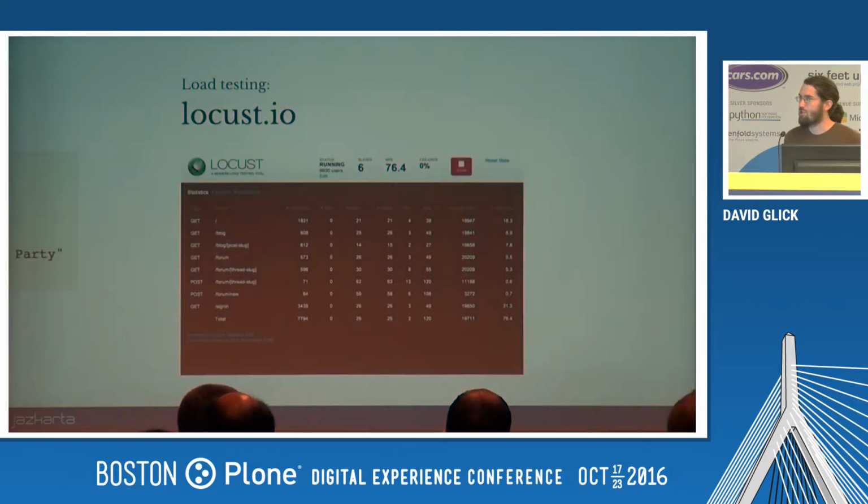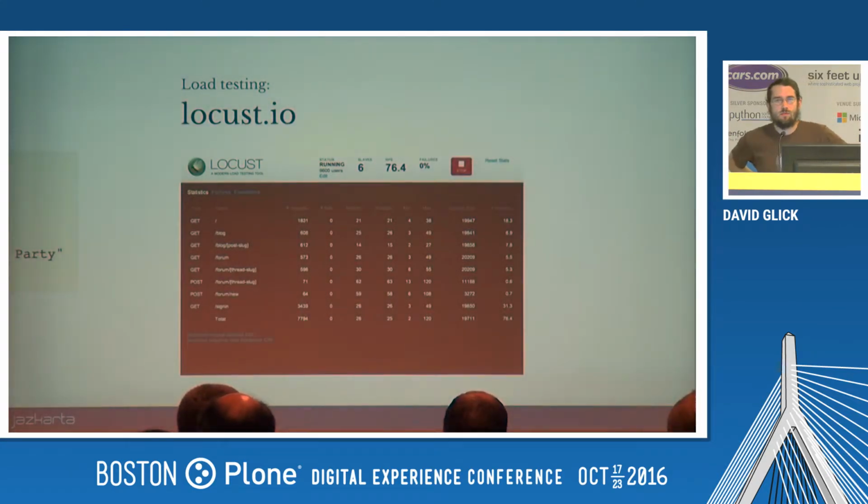The final sort of testing we did was some load testing to make sure we could handle all that traffic when registration opens up. We did that using a tool called locust.io, which is just an open source Python package. It lets you write some Python code that says, go load these HTTP endpoints basically, and then when you run it, it will fire up a bunch of workers that will do that in parallel, and then it'll give you some reports of how it did, how many errors there were, that sort of thing.